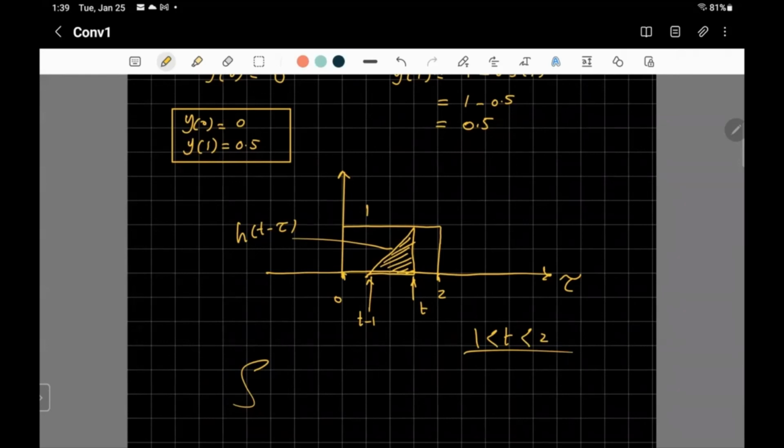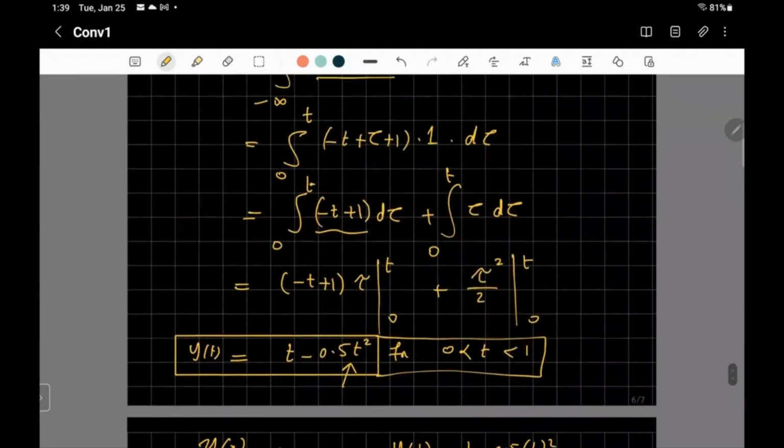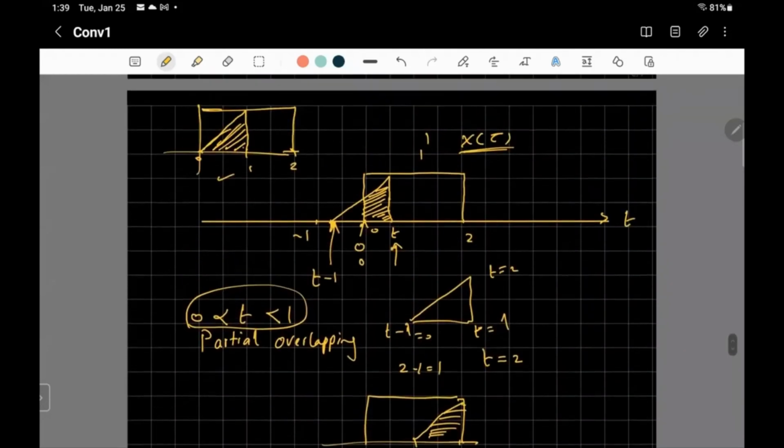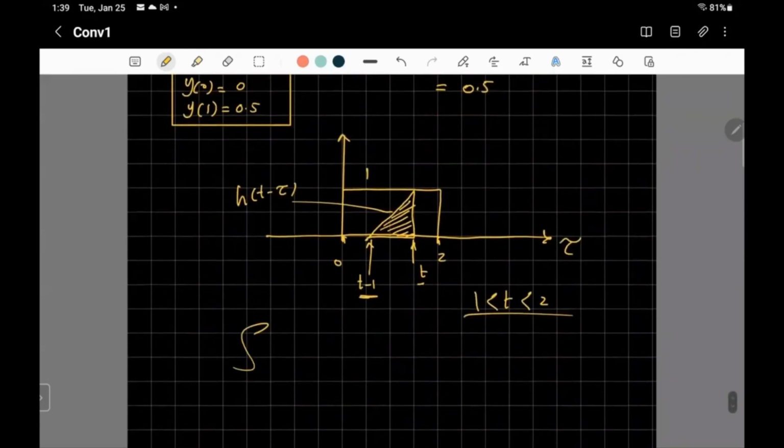The overlap area is shaded, from t minus 1 to t. This is the shaded area. Look at the previous one: it was from 0, because before 0 there's no overlap, so it started from 0 up to t. So this one is from t minus 1 up to t, with the same integration.